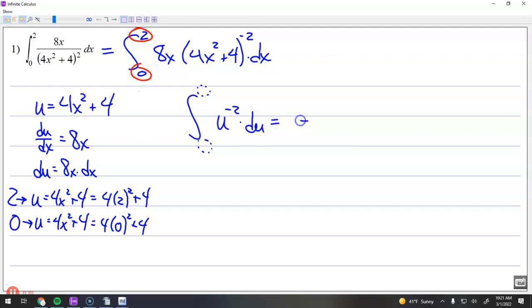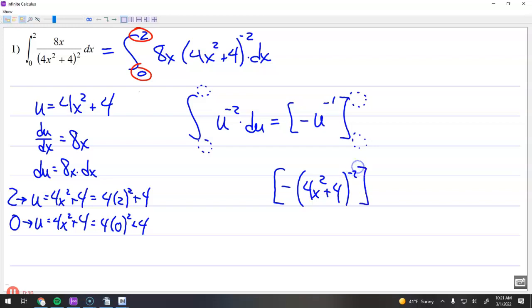So that's negative u to the negative first. I still can't put these there because those are supposed to be u values and they're not. But what I think a couple of you are starting to ask or realize is could I put those back in terms of x's? And now that they're back in x's, can I just use 0 and 2? Yes, you can. So you can decide to do the whole problem in x's, or you can decide to do the whole problem in u's.